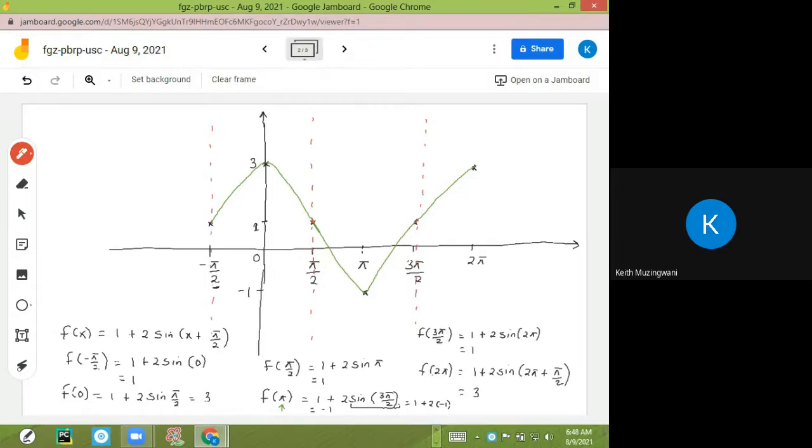Then flip this very graph. So where it is curving down, you pull it up. Where it is curving up, you curve it down. So this graph here is f of x is equal to 1 plus 2 cosec x plus pi over 2.